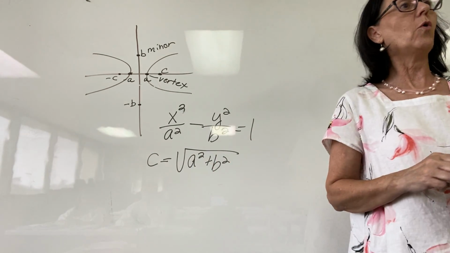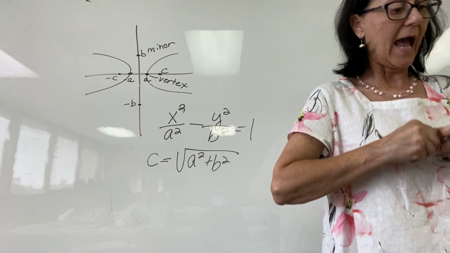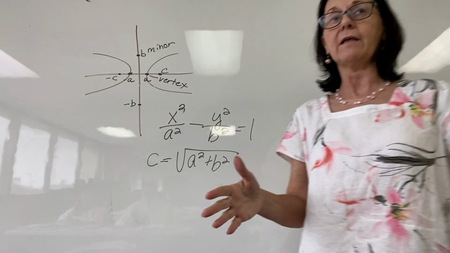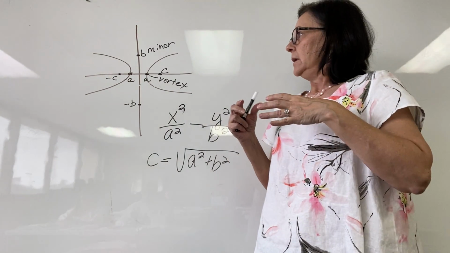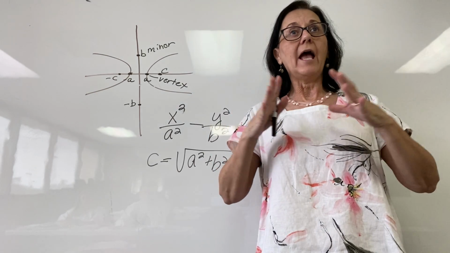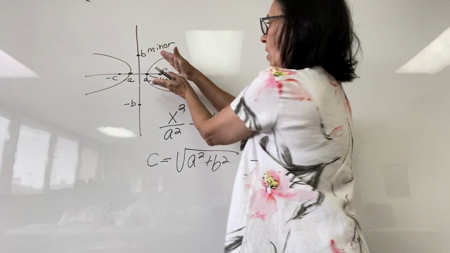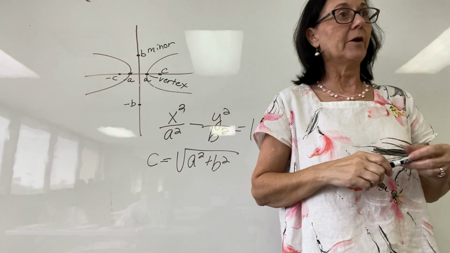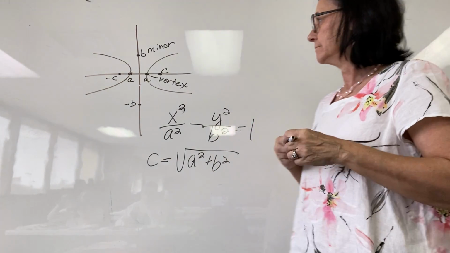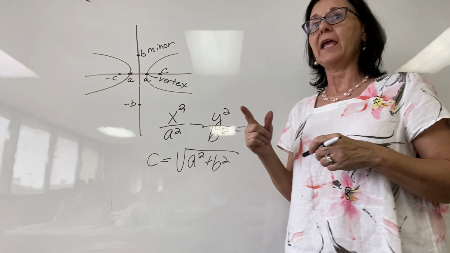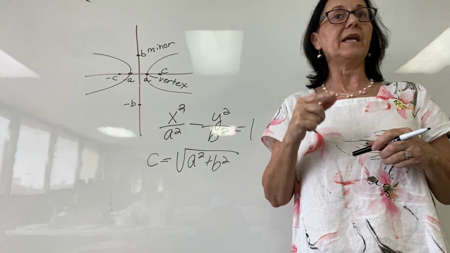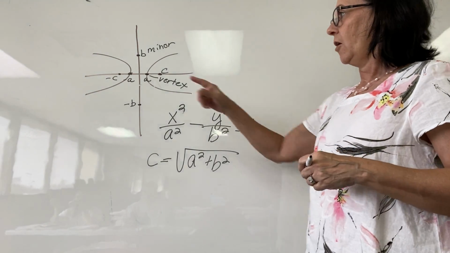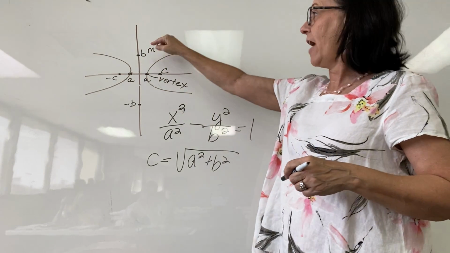But there's also going to be asymptotes. And asymptotes are those imaginary lines that help us know how wide or how narrow to graph the hyperbola. It's simply the change in y over the change in x.